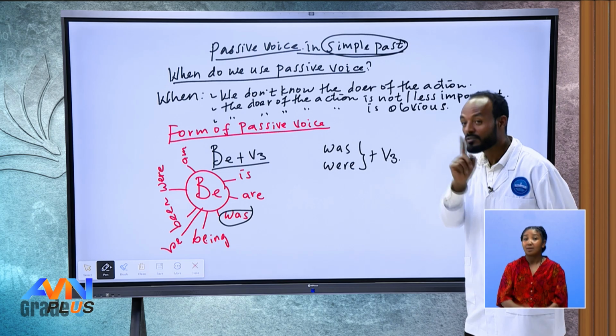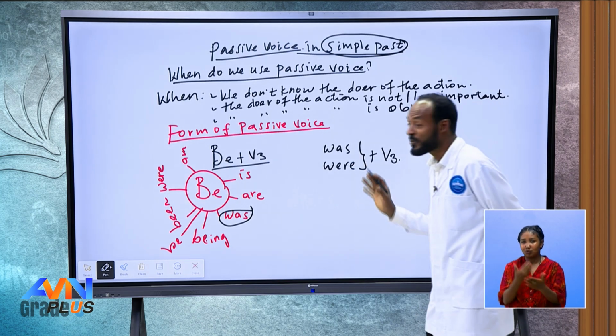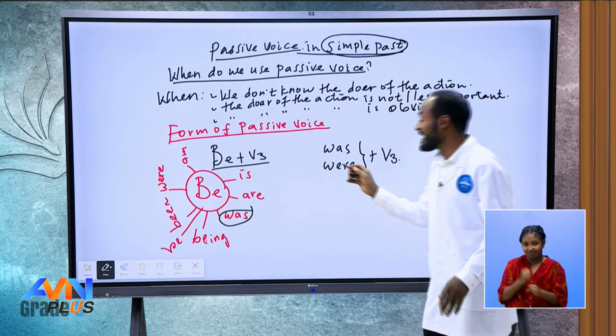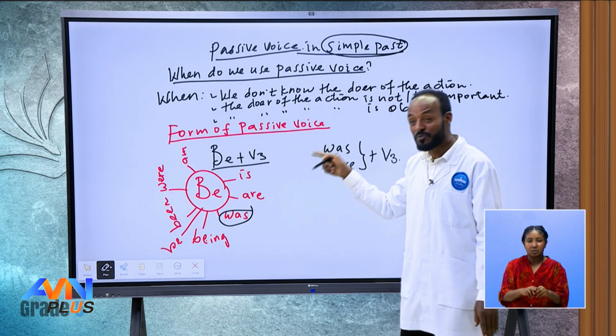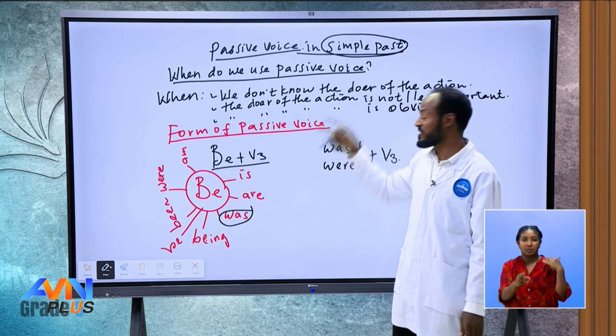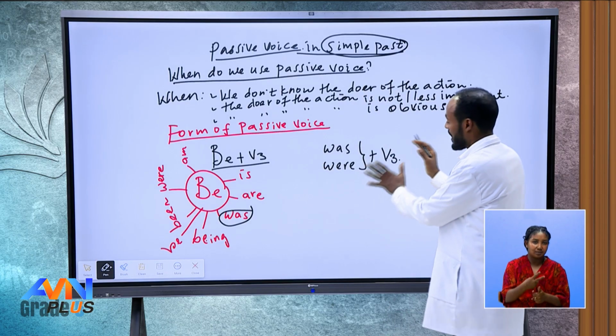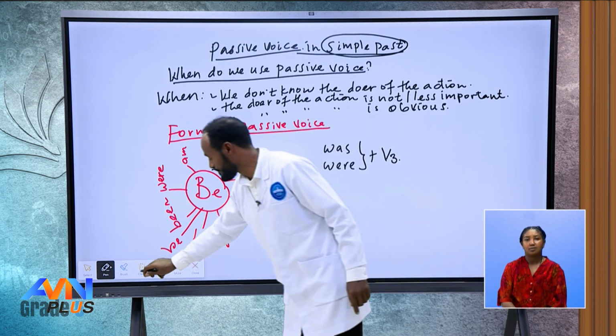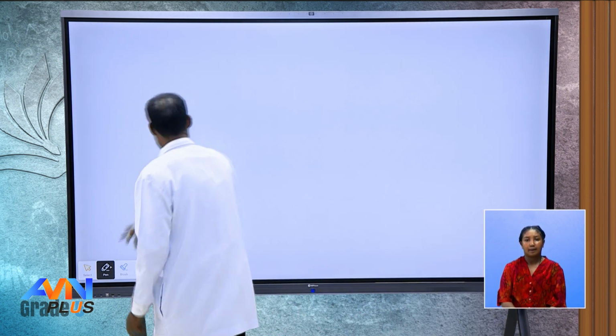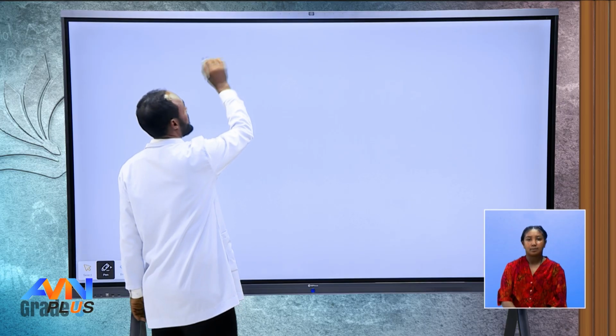Am I right? Bravo. Come on here. Now we will do it one by one. Here, maybe we can put the subject of the active voice, then we can add another complement here. Bravo. Here it is, students. Now it's time to change.